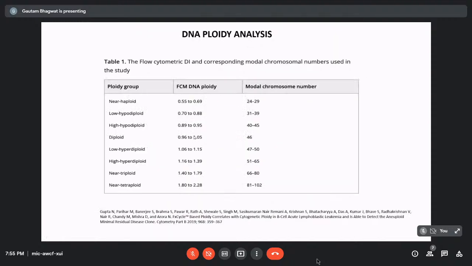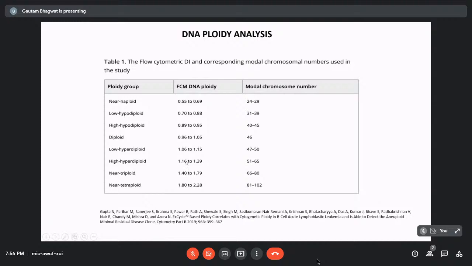So DNA ploidy analysis. This study was done at Tata Medical Center, and there was a good correlation between the chromosome number on the blast and the DNA ploidy by flow cytometry. So if we have a ploidy of say 0.55 to 0.69, then the chromosome number on the blast is 24 to 29.